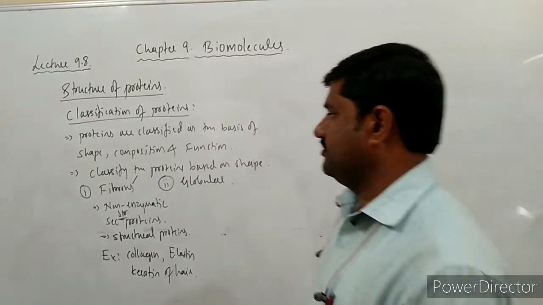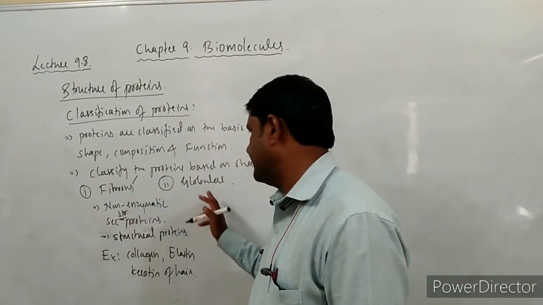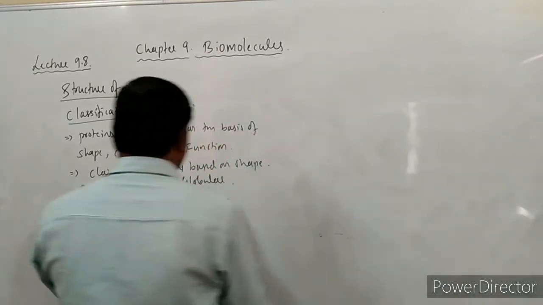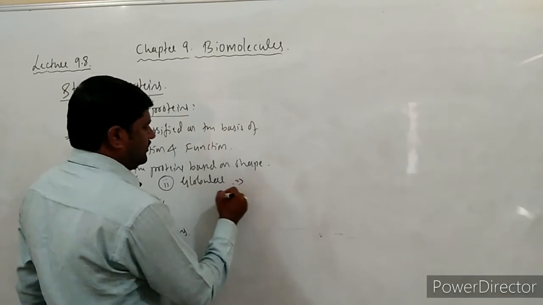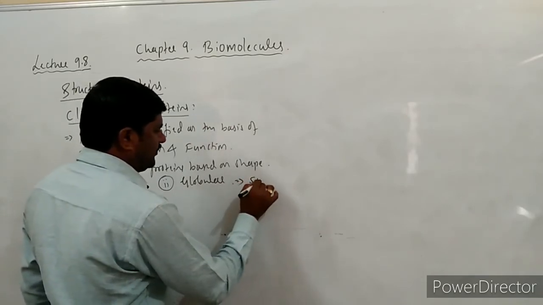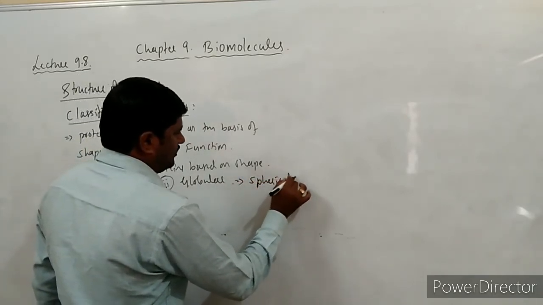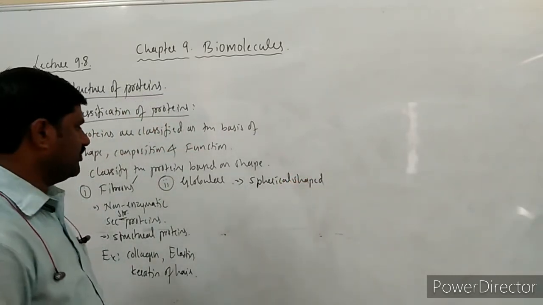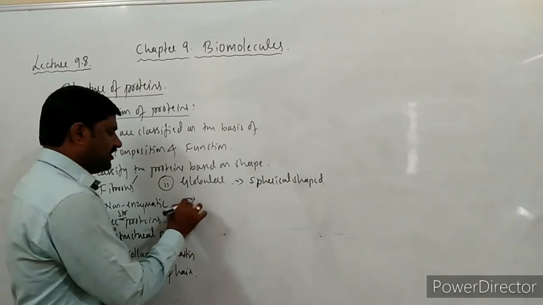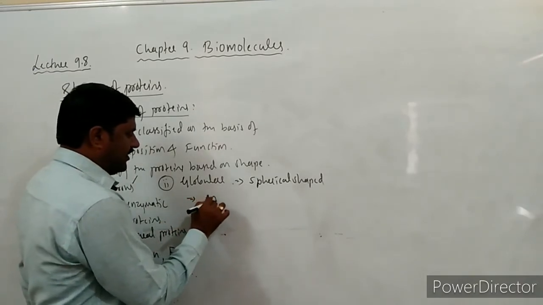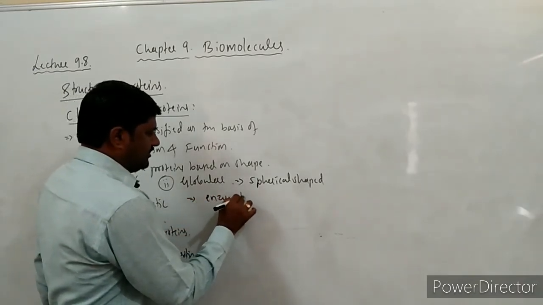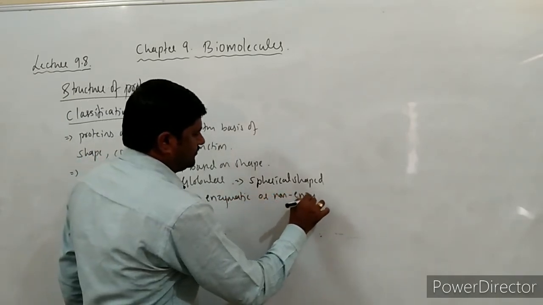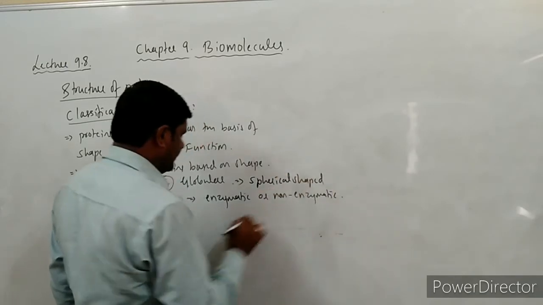So based on the shape, there are two types. One is fibrous and second one is globular in nature, right? So the second one is globular proteins. These are spherical shaped proteins. These spherical shaped proteins may be enzymatic sometimes, and sometimes non-enzymatic, right?